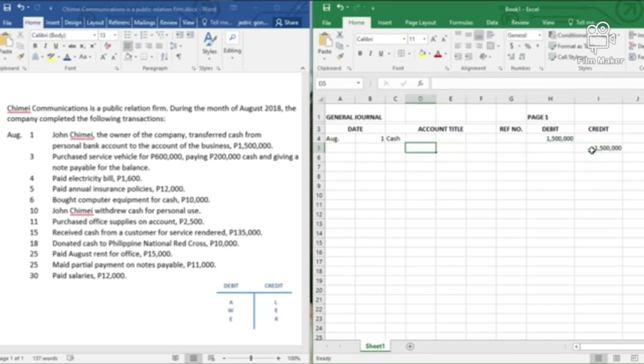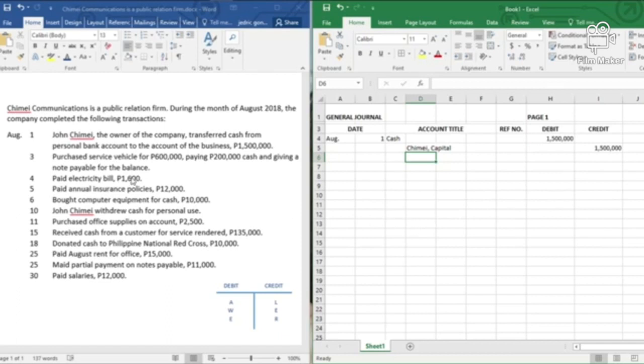Then, if it is a debit side, magkaroon ng konting indention. Okay, so as you see, my debit is 1,500,000 and then my credit also is 1,500,000. Equal pa rin naman siya.